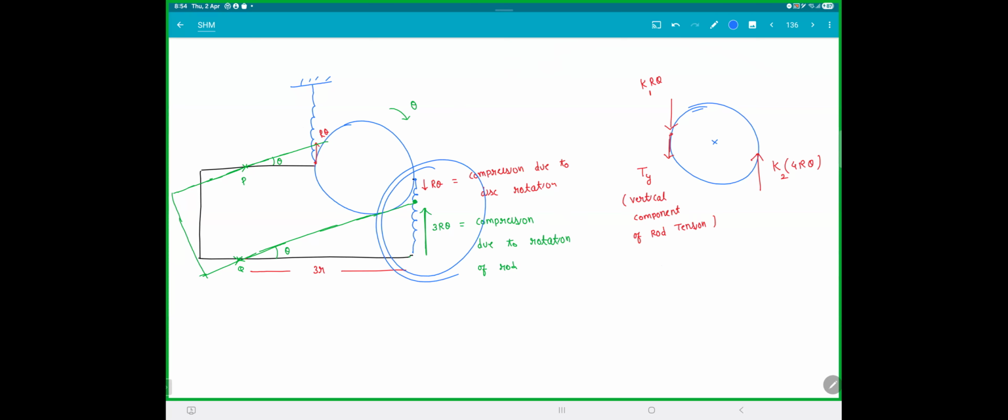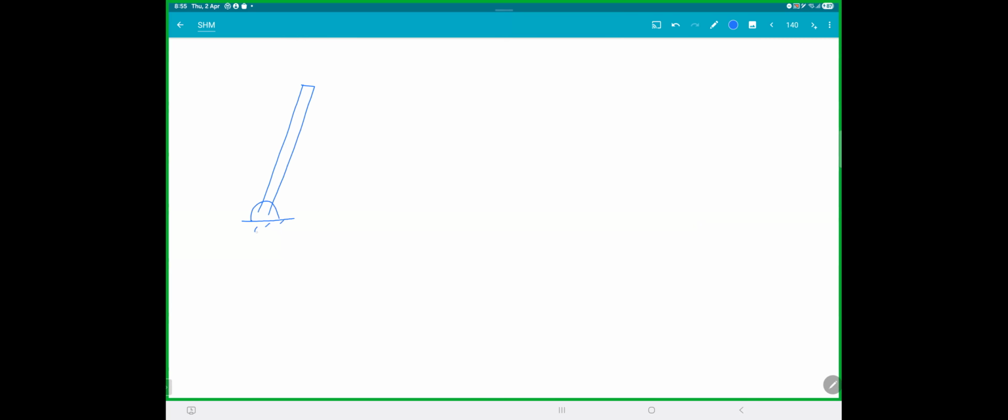How do we do this? Same story. Choose your system, displace it by small theta. So we will take this guy and displace it by small theta. Here the spring will stretch by L by 2 theta.